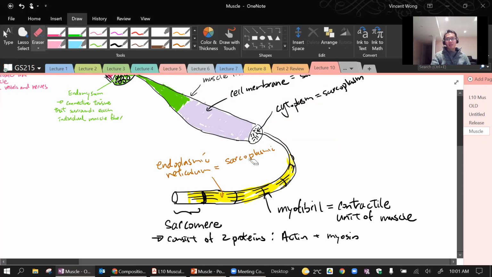It's basically the same name, but they replaced the front with sarco. What's important is that the sarcoplasmic reticulum contains lots of calcium, and that's going to be important in a bit.